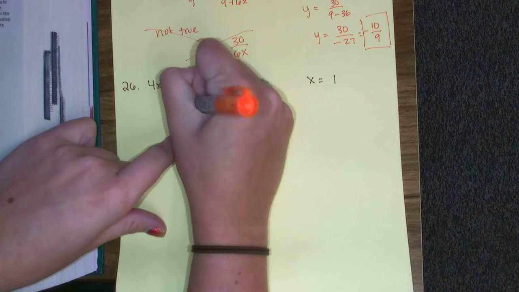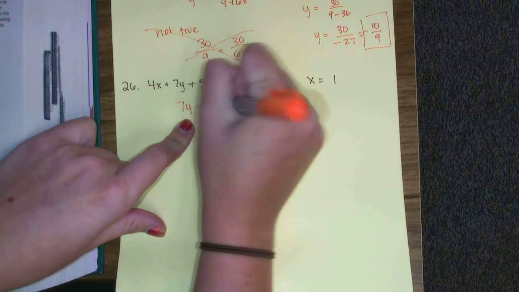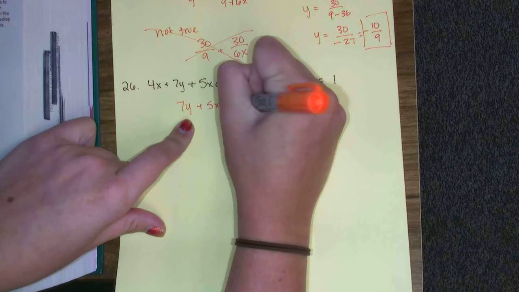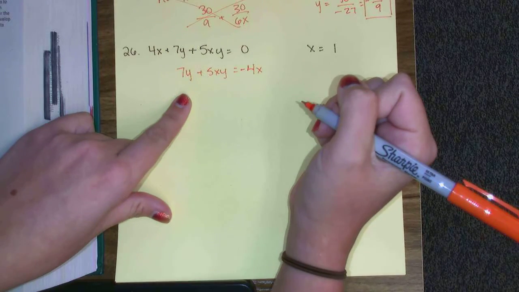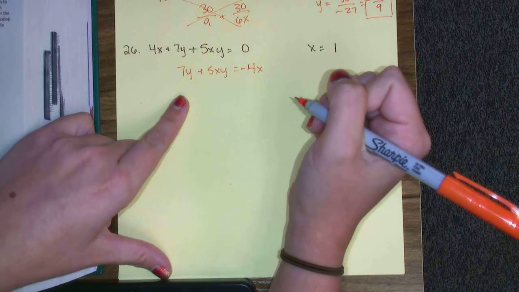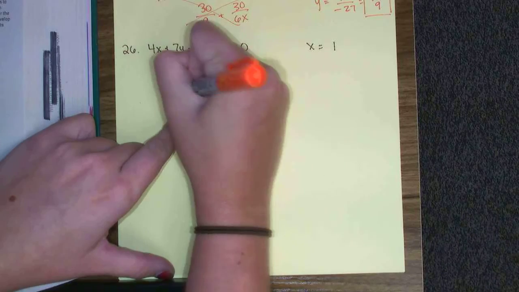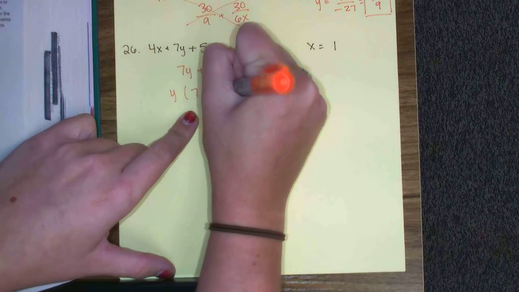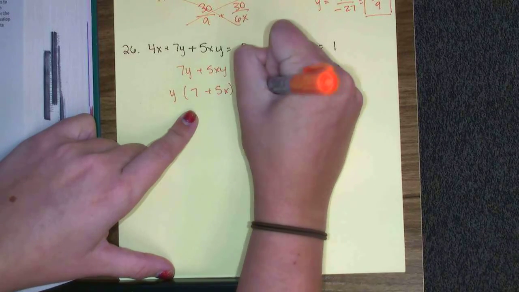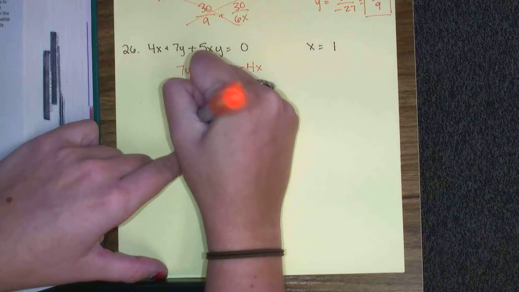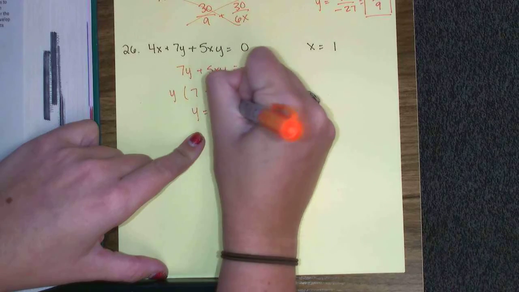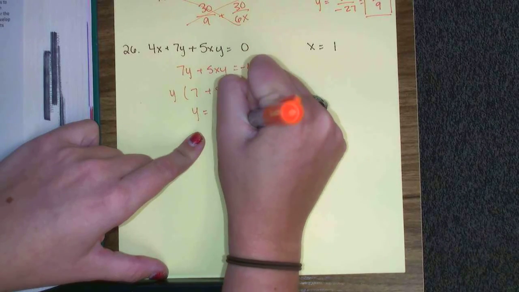So 7y plus 5xy is equal to negative 4x. Now what do we do? Now I can pull out the y, leaving me with y times 7 plus 5x is equal to negative 4x. Now what? So y is equal to negative 4x over 7 plus 5x.